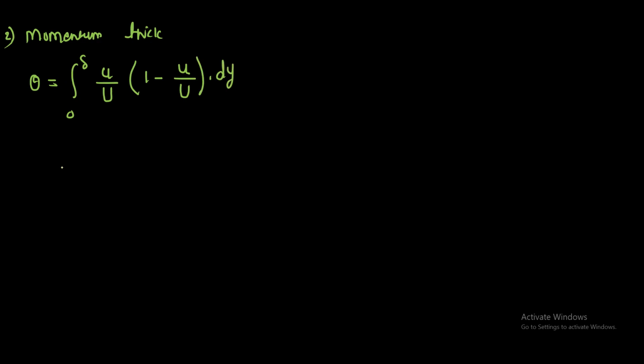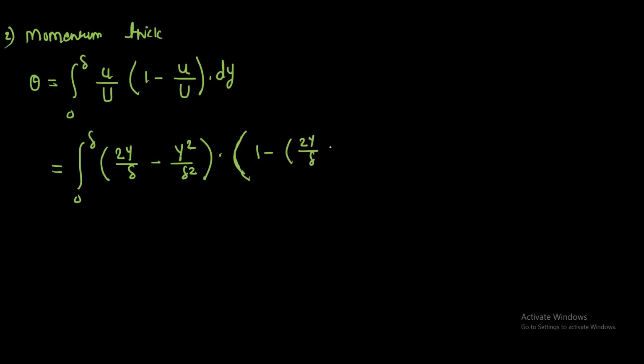Now just put the value of u upon U. So it is integration 0 to delta. We have u upon U, this is 2y upon delta minus y square upon delta square in the bracket 1 minus 2y upon delta minus y square upon delta square into dy. Okay. Now simplify this bracket.